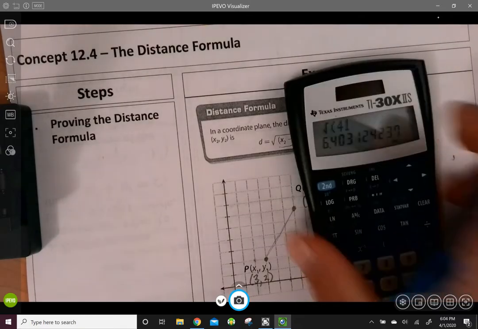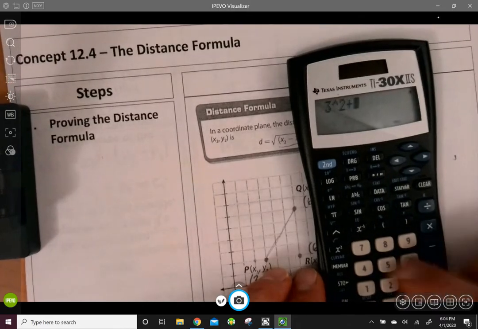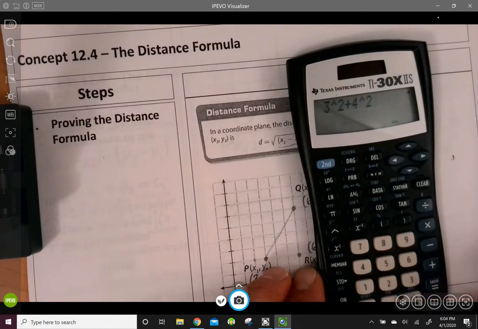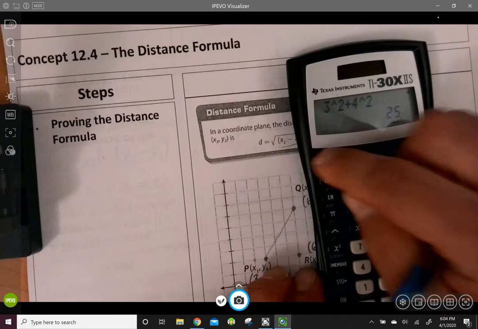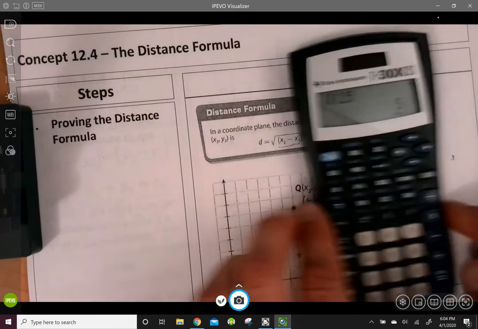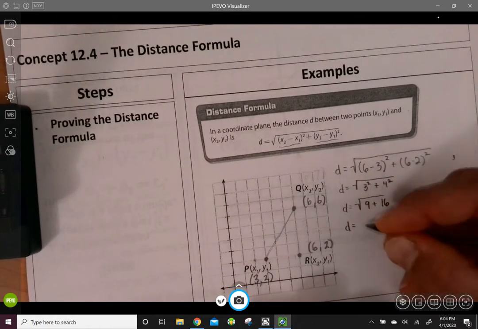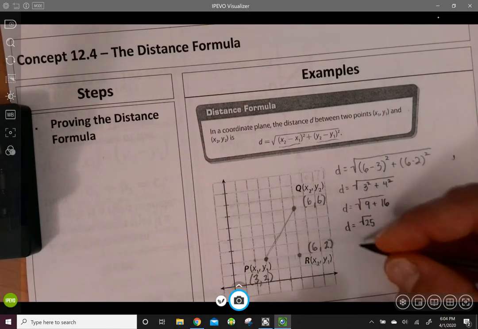And don't be afraid to take these things out and use them. 3 to the second power plus 4 to the second power equals 25. And then we're going to find the square root of 25. That's a perfect square. We know that's 5. 5 times 5 is 25. So D equals the square root of 25, and so D equals 5.